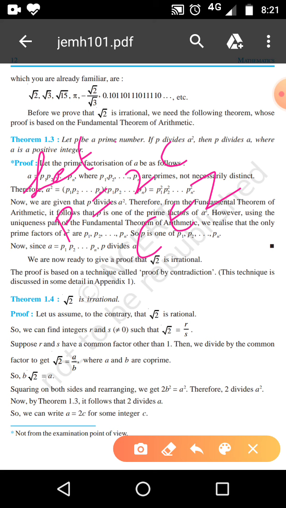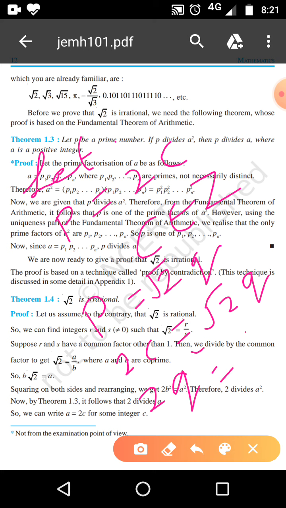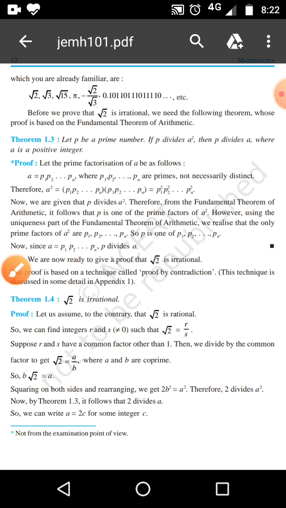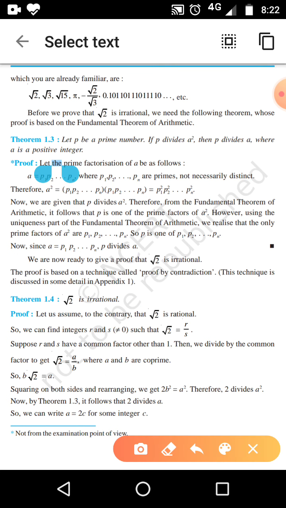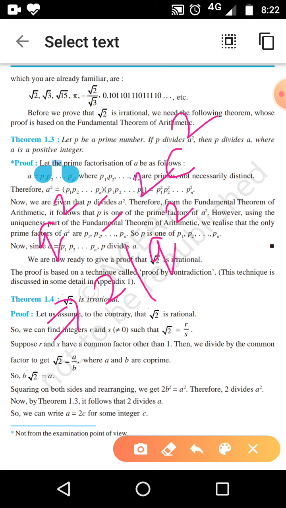So p = root 2 q is there, so 2c = root 2 q. On squaring both sides, we get 2 q square = 4 c square. That means q square = 2 c square, and this means 2 divides q square, and this means 2 divides q.